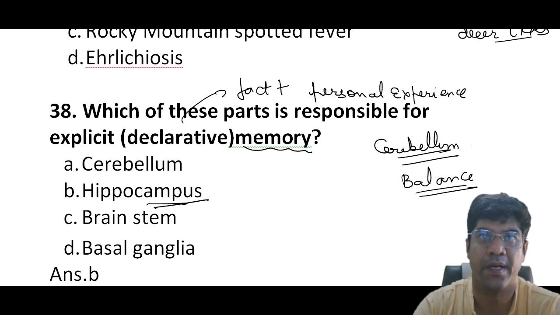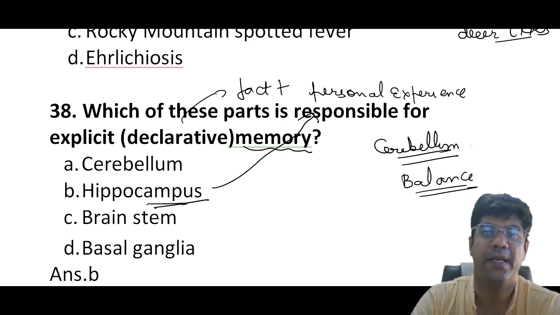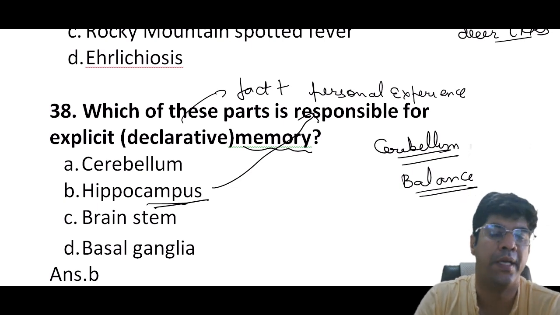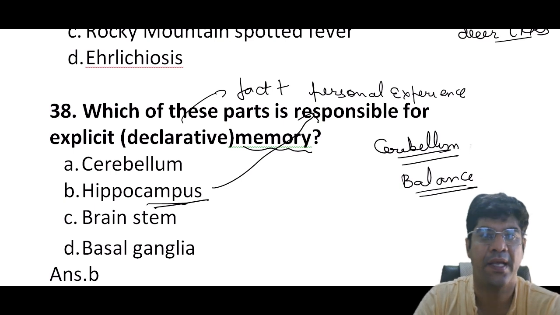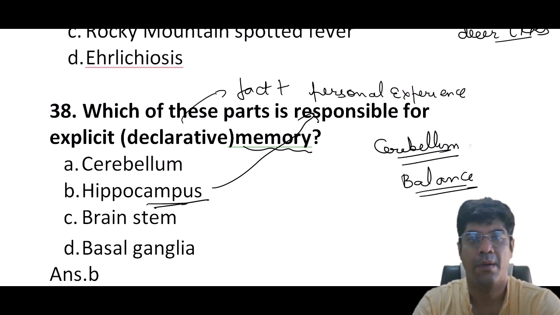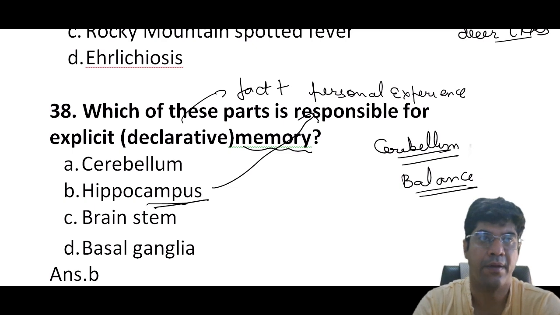So that is why your answer is B. The brainstem controls basic life functions like breathing and heartbeat, and it is not involved in memory processing. The basal ganglia is involved in motor control and procedural memory and not declarative memory. So your answer is B here.